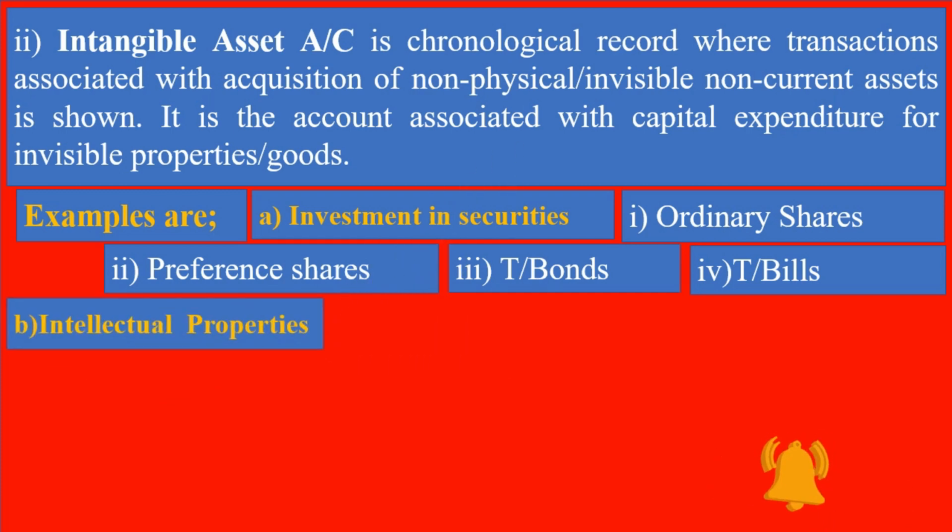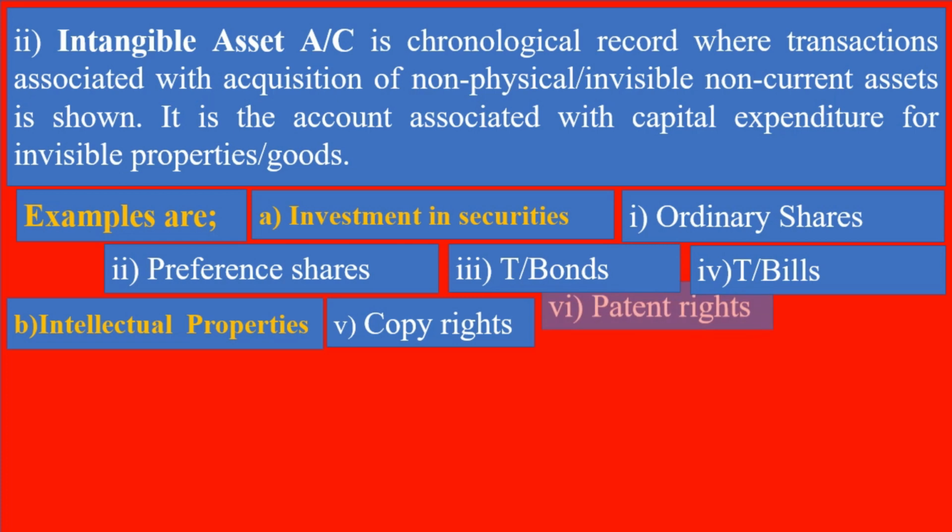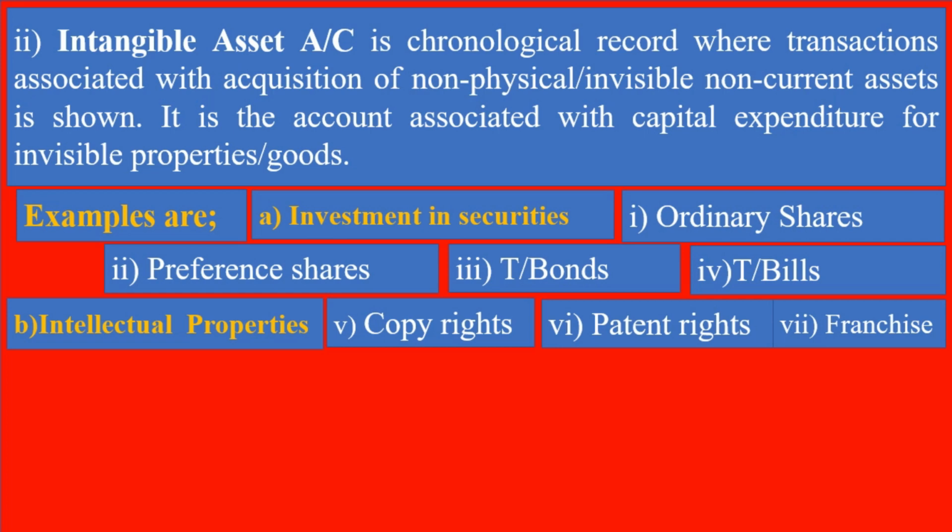Class B is intellectual properties: Roman 5, copyrights, Roman 6, patent rights, and Roman 7, franchise.